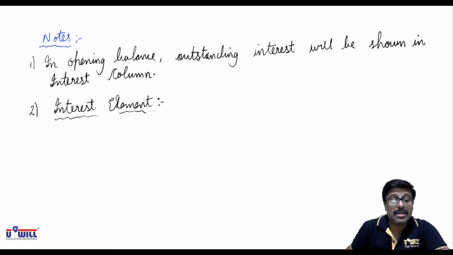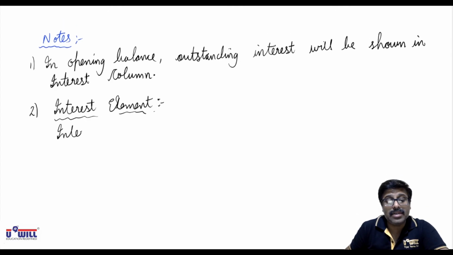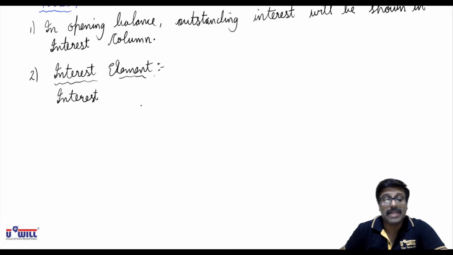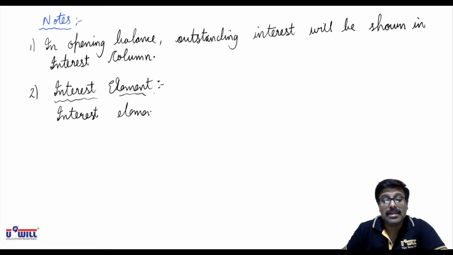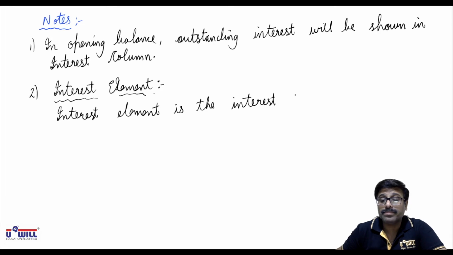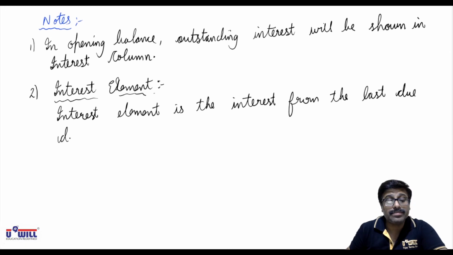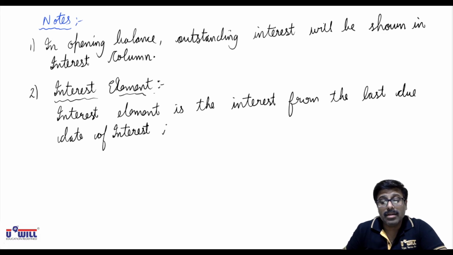Okay, what is interest element? Interest element is the interest. All of you write down. Interest element is the interest from the last due date of interest till the date of purchase or sale.